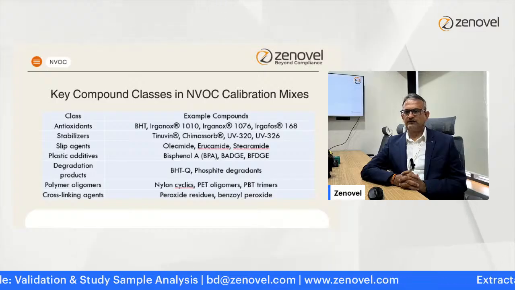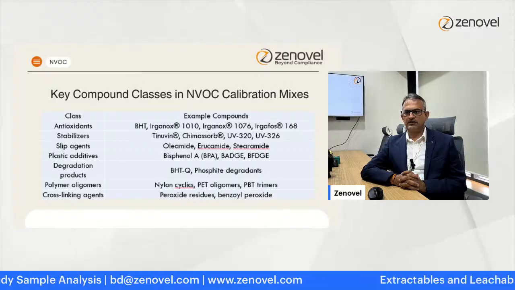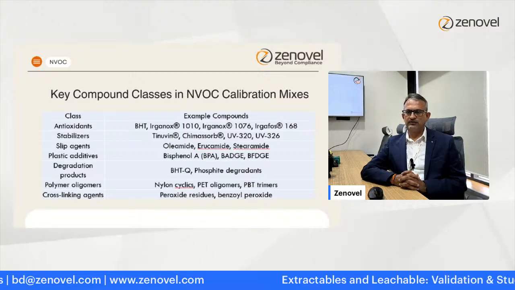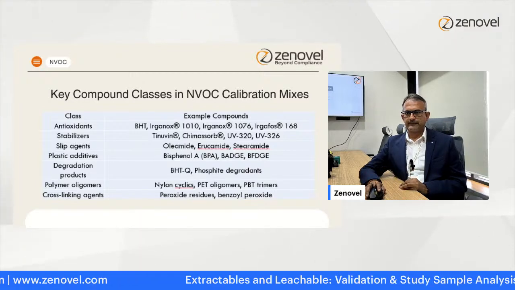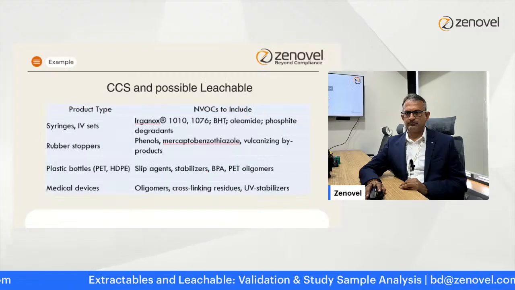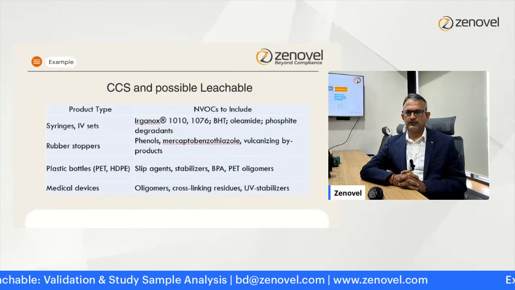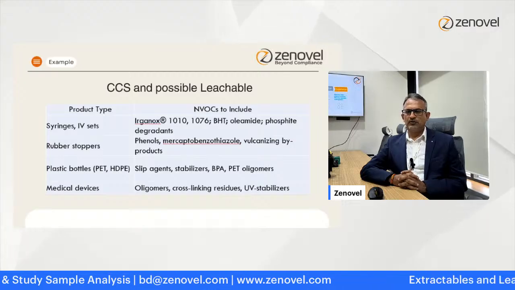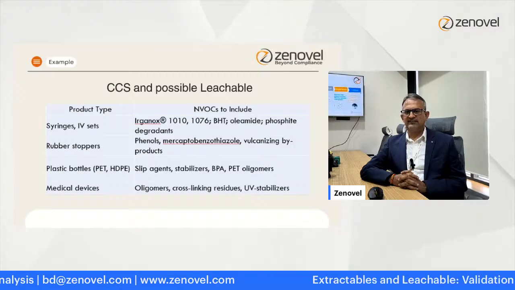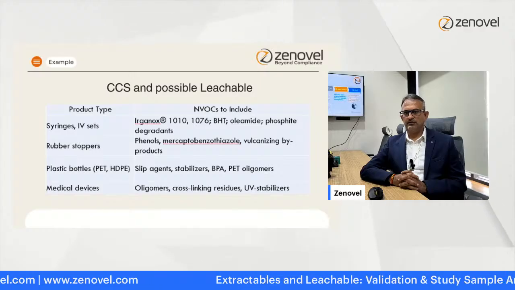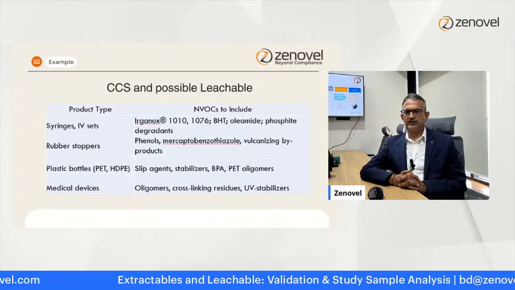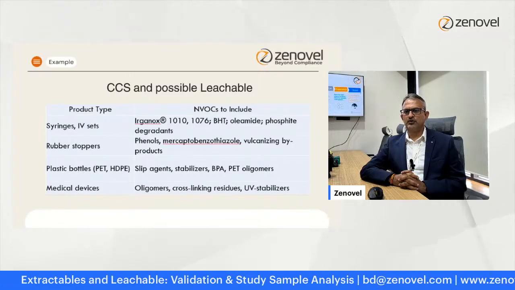Like antioxidants, we have BHT and other compounds. Here also a tabular format is provided for the CCS and the possible leachables, comparing product type versus compounds to be included.